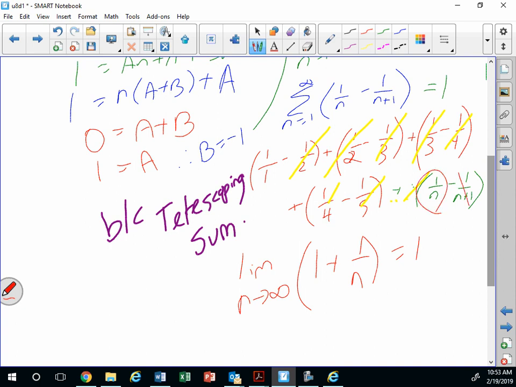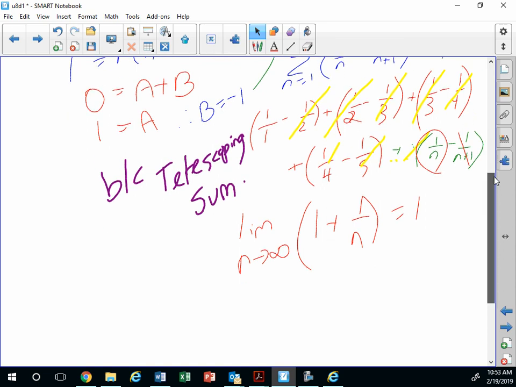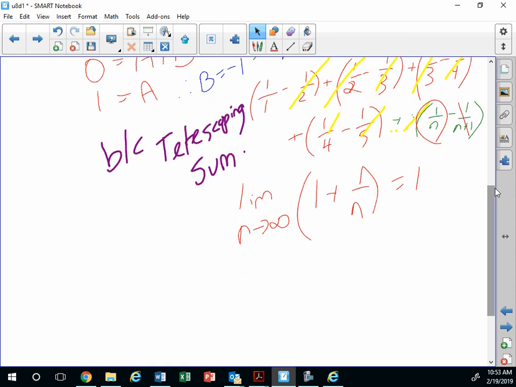The last thing left is this 1 and that 1 over n plus 1. So therefore it converges, and it converges to 1. This is one of the ones where we're using all of your information, putting it together: stuff from unit 1, unit 3, unit 6. I'm pulling from everywhere.